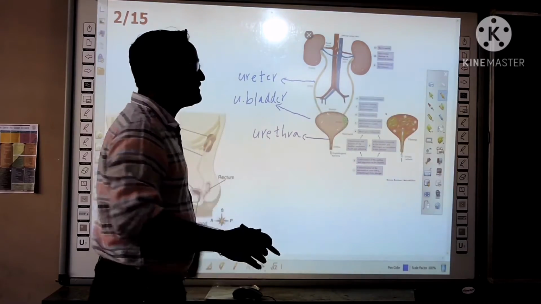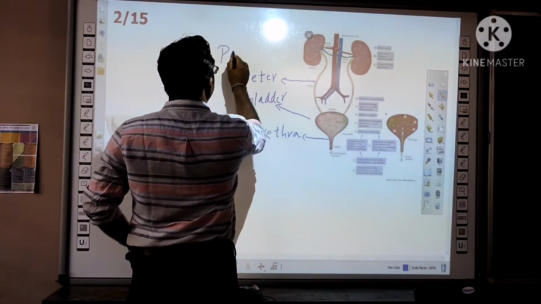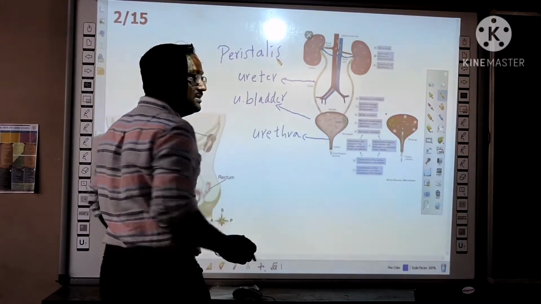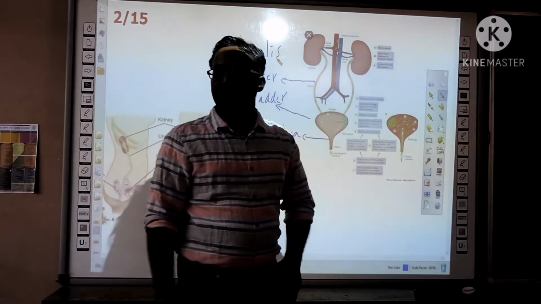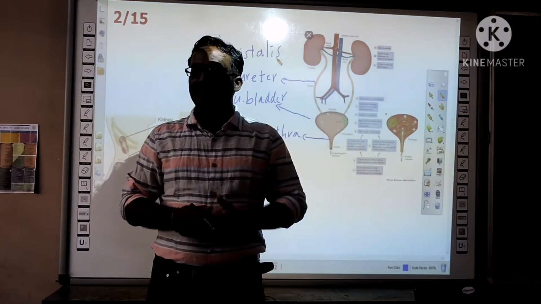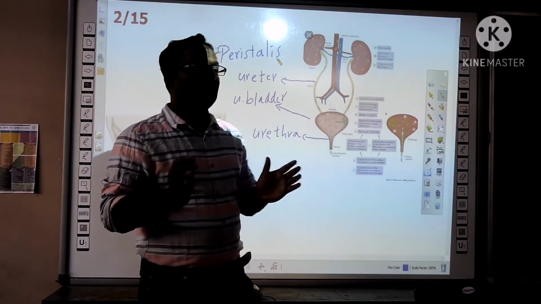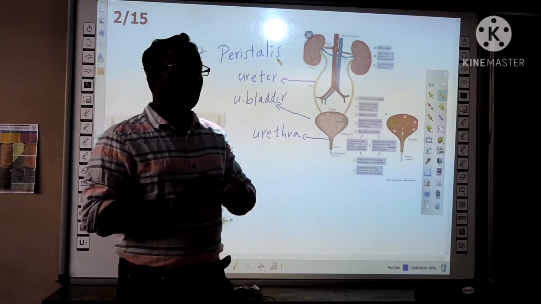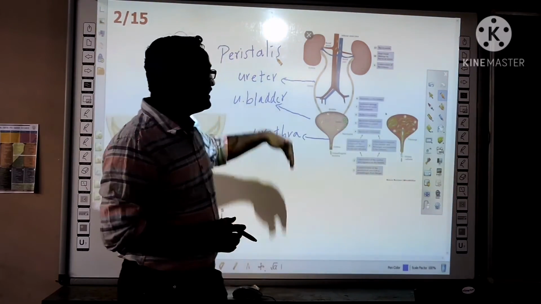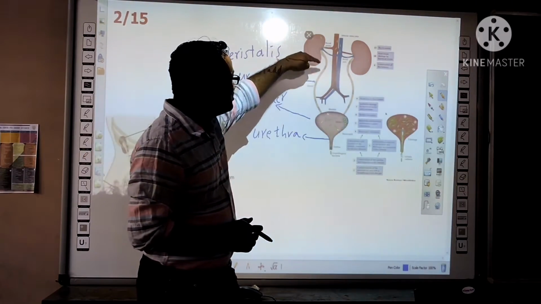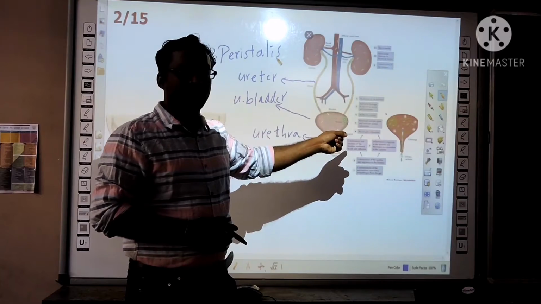Through the peristalsis process, which we learned in digestion. In peristalsis, the muscles in the walls contract and relax. Due to the wave-like movement, it pushes the material in a downward direction. So through peristalsis, the urine moves to the urinary bladder.